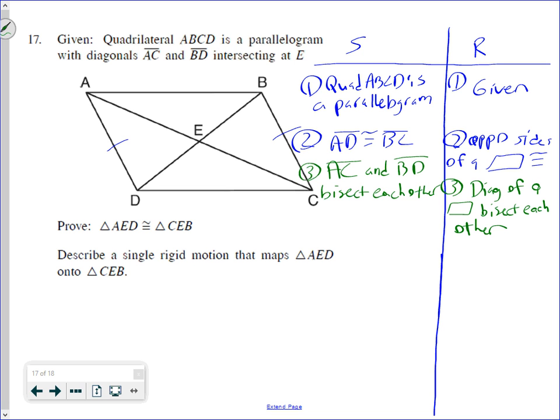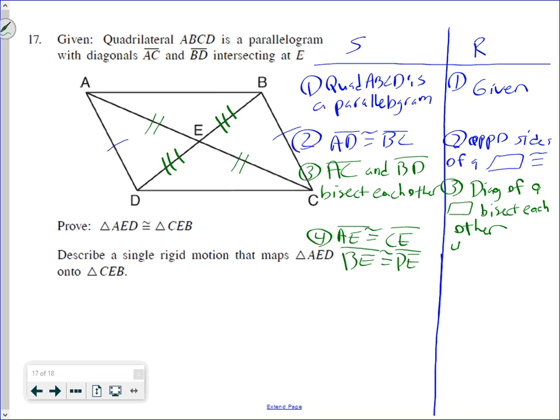From there, I can get AE is congruent to EC, and then I can get BE congruent to DE. So that's what I'm going to use in step 4. AE is congruent to CE, and BE is congruent to DE.